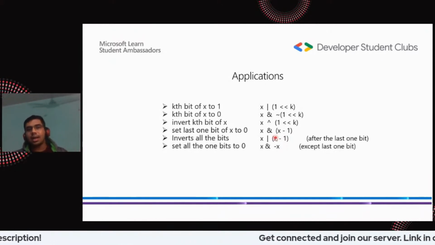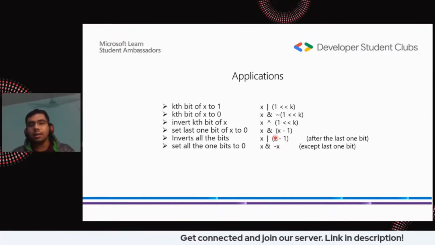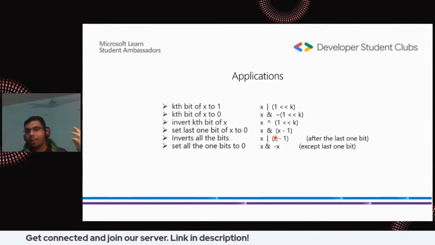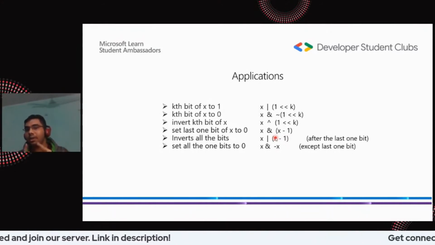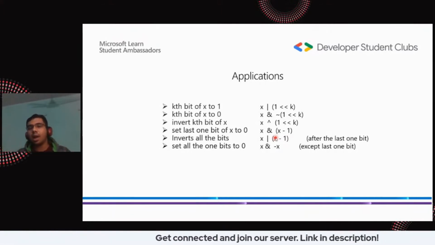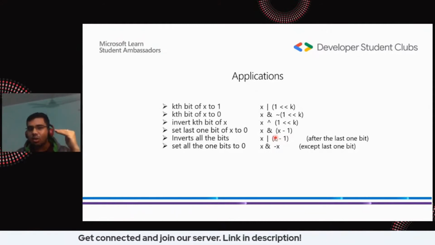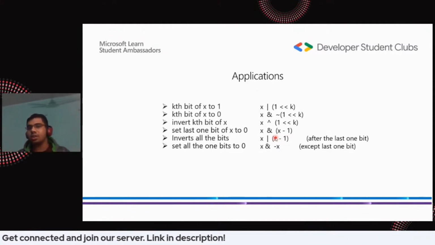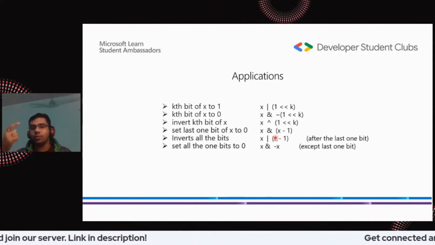Next, you can set all the 1 bits to 0. So whatever 1 you have, you will set 1 to 0. But remember, you are not doing the NOT operation here, because in NOT you just change whatever bit you have. But here you will just change all the 1 to 0, not 0 to 1 also. Okay.